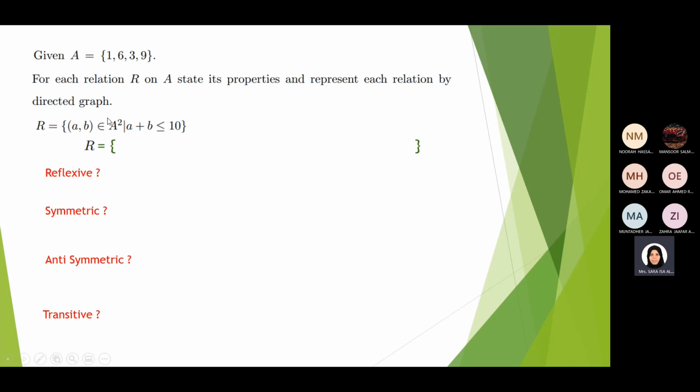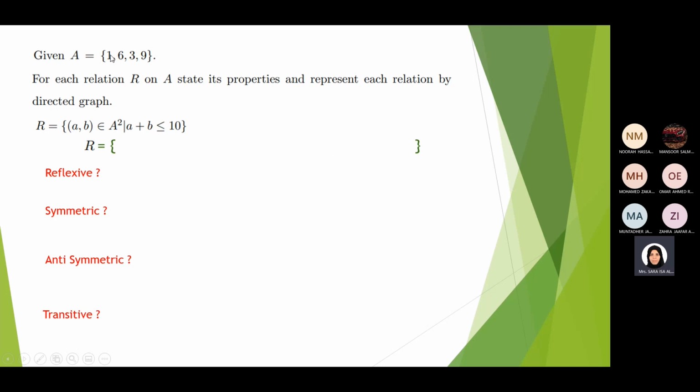I will do A cross A, so I check 1R1, 1R6, 1R3, 1R9. Then I will check 6R1, 6R6, 6R3 and 6R9. I will check all of them, 16 pairs. If they make the condition true, I will add them to my R.